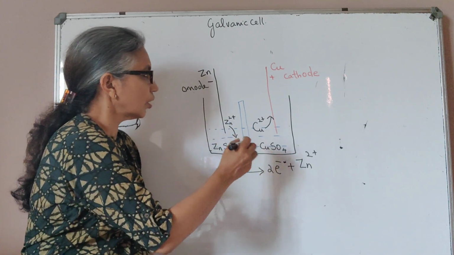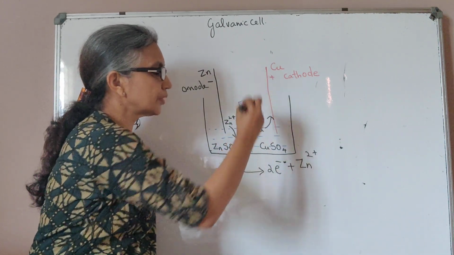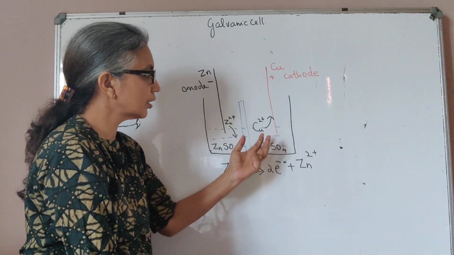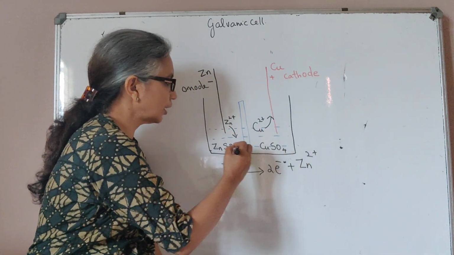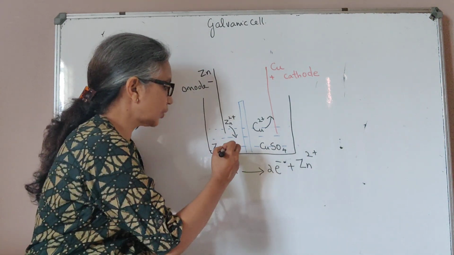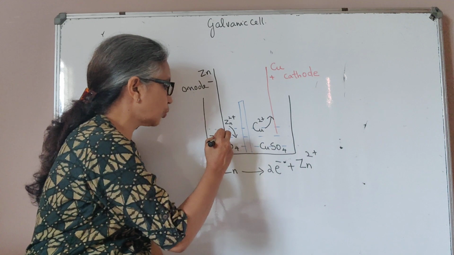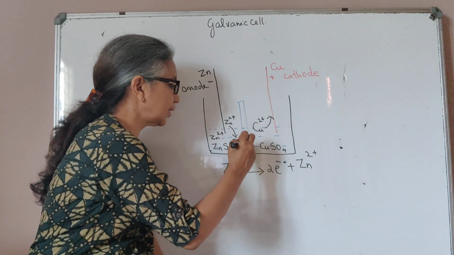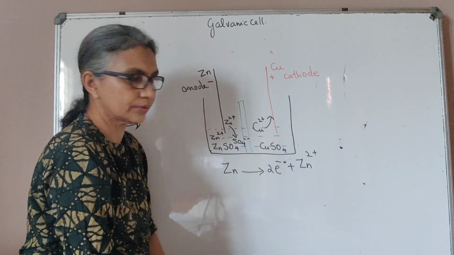Now, on the other hand, what happens to the copper electrode when it is dipped into the electrolyte is you have this electrolyte here which will undergo dissociation, and this will be having Zn2+ as the positive cation, SO4 2- as the negative anion.